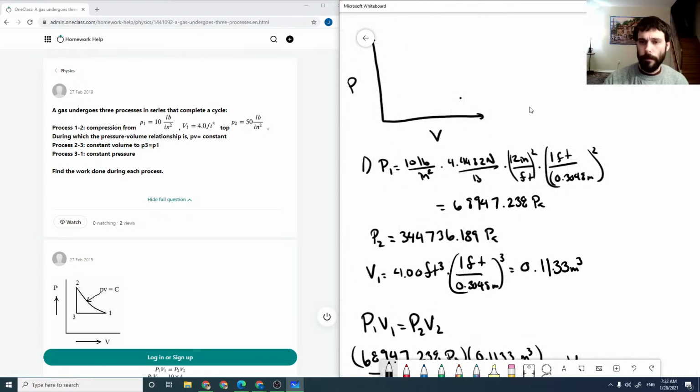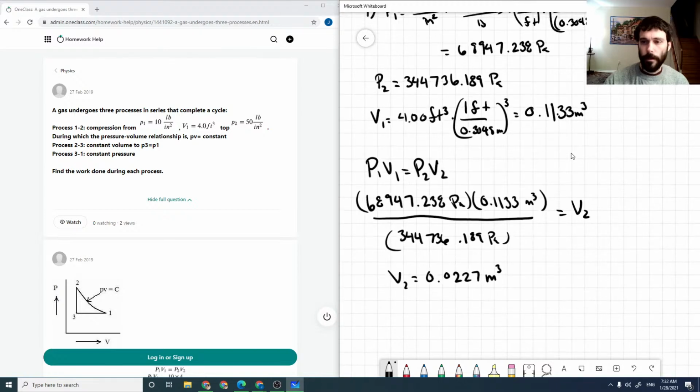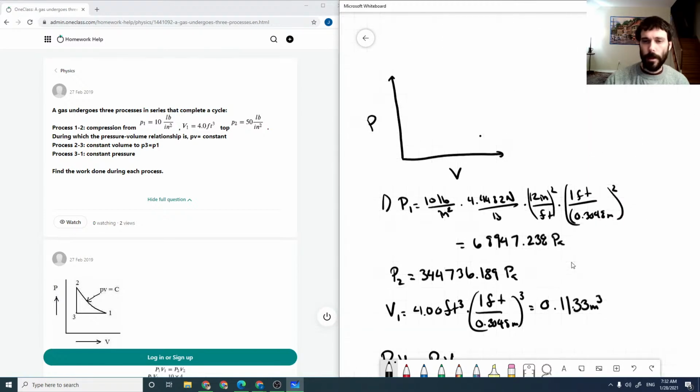Okay. So now we've gone from a larger volume and a smaller pressure to a larger pressure and a smaller volume. So we're compressing, and then we're maintaining the pressure to bring the volume down, and then we're going back, maintaining the pressure.